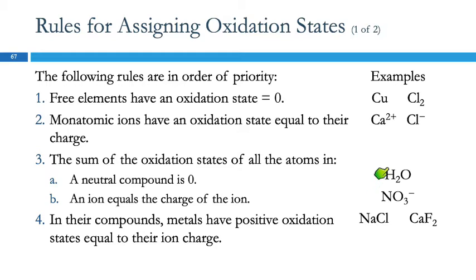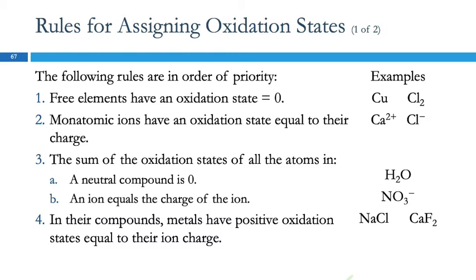And so that tells me that the oxidation states of all the atoms involved have to add up to the overall charge on the molecule, which is 0. This is a polyatomic ion. So here, nitrogen and oxygen are going to have oxidation states, and those oxidation states will add up to the charge on the ion. Okay? So all of that is basically the oxidation state behaves like the ion charge.